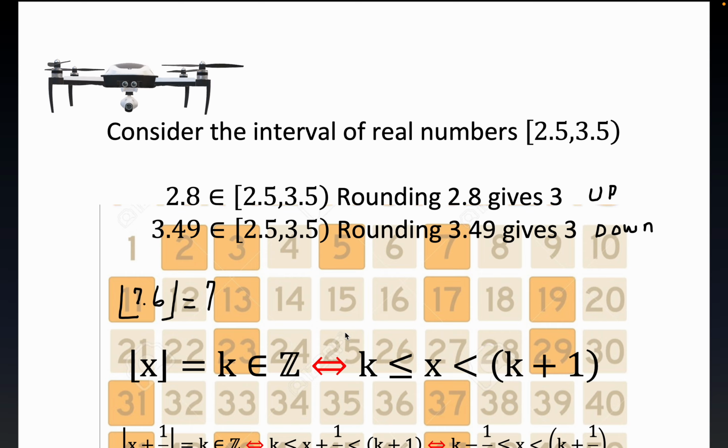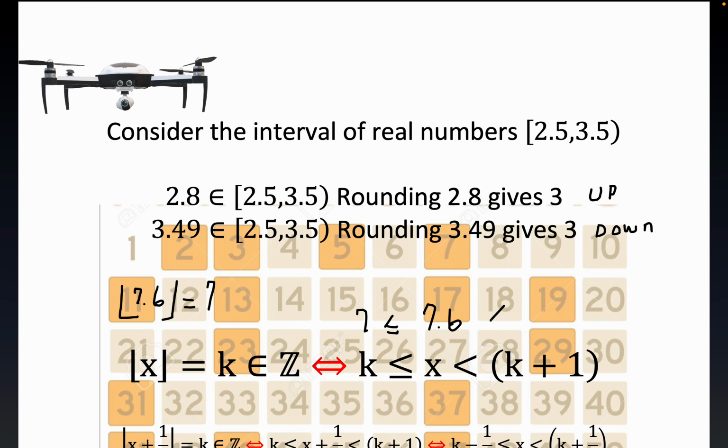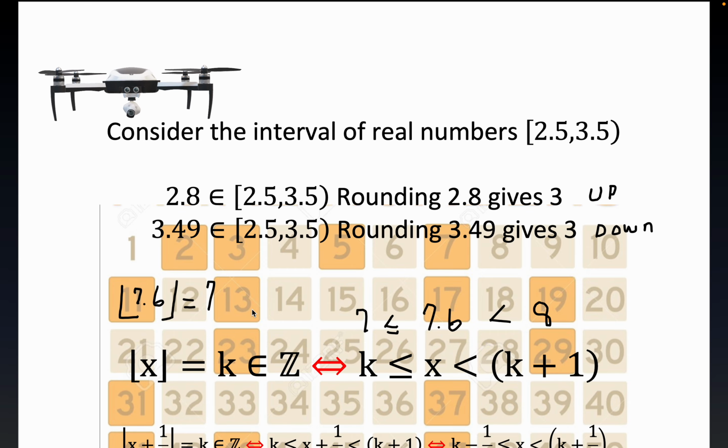Okay. Now notice right here we would have 7 less than or equal to 7.6, strictly less than 8. Okay. So this is a definition of what we mean by the floor function. There's a corresponding definition for the ceiling function.